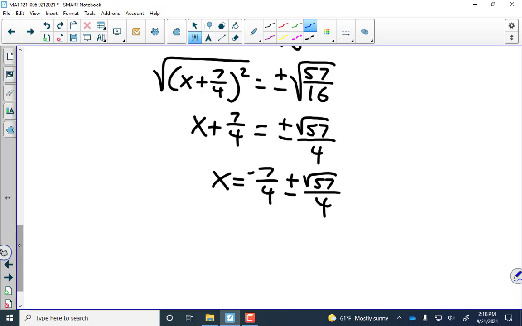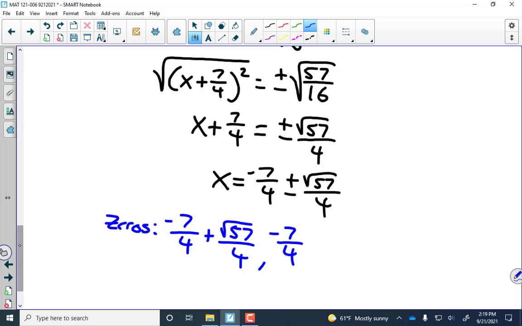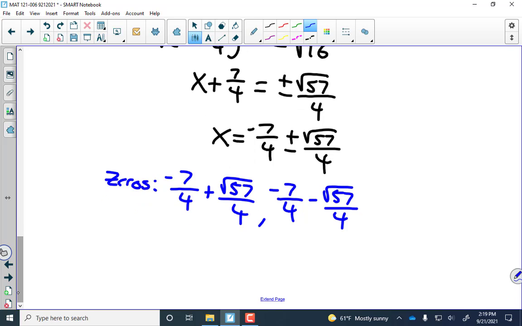Are these real, by the way, these zeros? What makes them real? In other words, why are they not imaginary? They are on the number line. You got a positive number under the square root. There's no i, so they're not imaginary. Now, I don't really know what the decimal approximation for that is, but I do know those are real numbers.